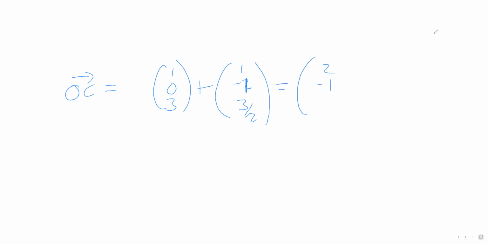Now OC is OA, which is (1, 0, 3), plus AC, which is (1, -1, 3/2). If you add, you're going to have (2, -1, 9/2). That's what we have, and that's the answer for OC.